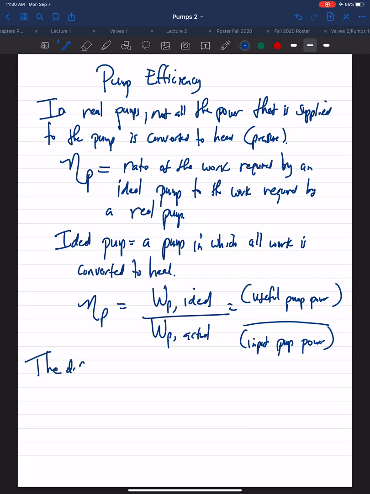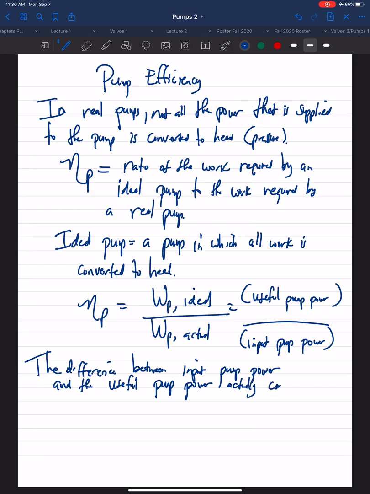So the difference between the input pump power and the useful pump power that is actually converted to pressure or head is the power loss to friction in the pump.